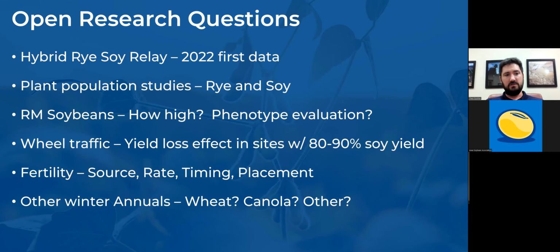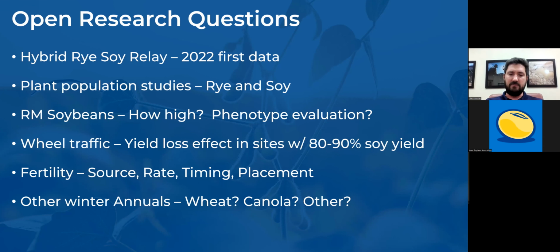There's still a lot of questions about fertility. We're using basic fertility guidelines for small grains. Most of these farmers are doing either a dry blend of fertilizer in the spring, or sometimes they're using the liquid systems on their planter when they plant soybeans, and then directing the stream out towards the rye plants.